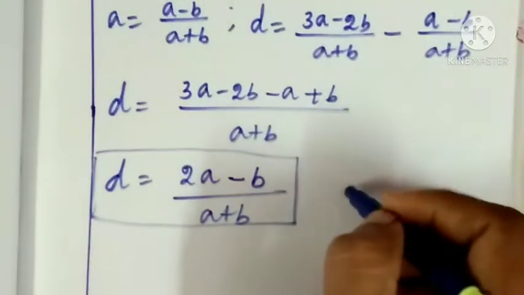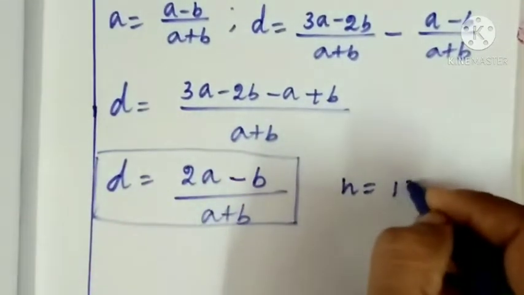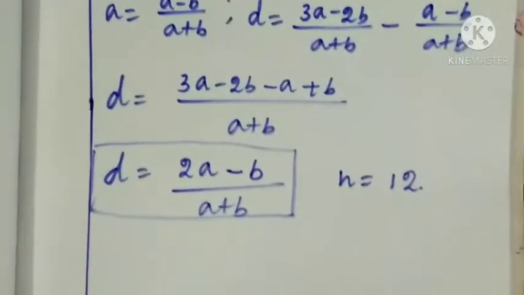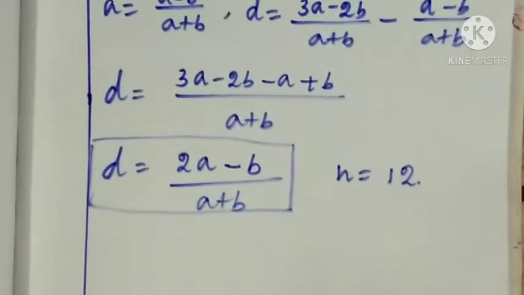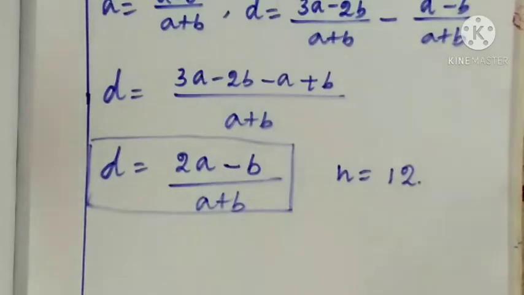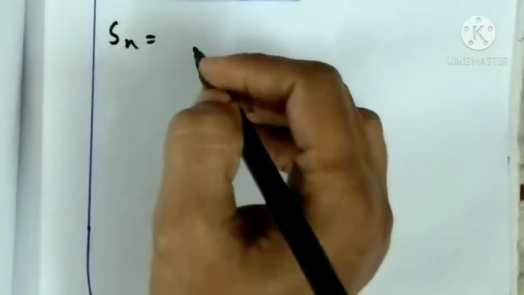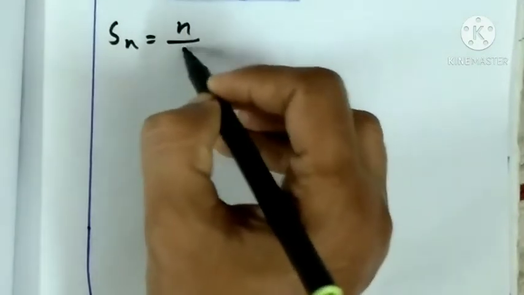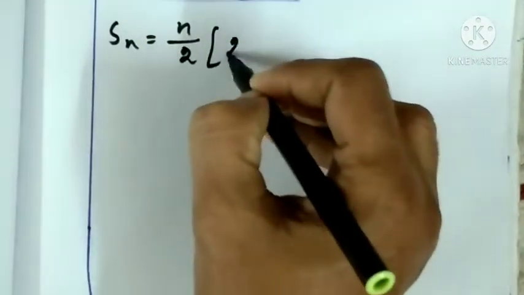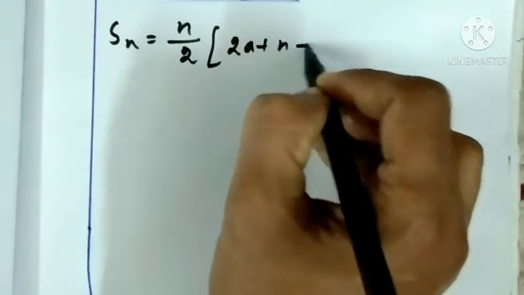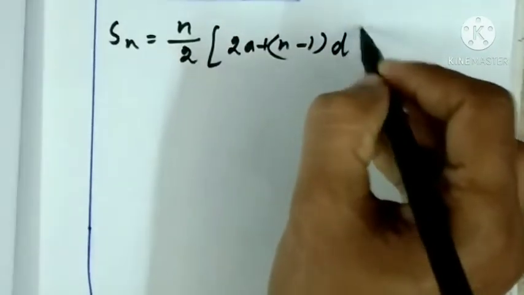This is the value of d. Then here n is equal to 12. From this we know the first term, common difference and number of terms. Therefore, you have to apply the Sn formula. Sn is equal to n by 2 into 2a plus n minus 1 into d.